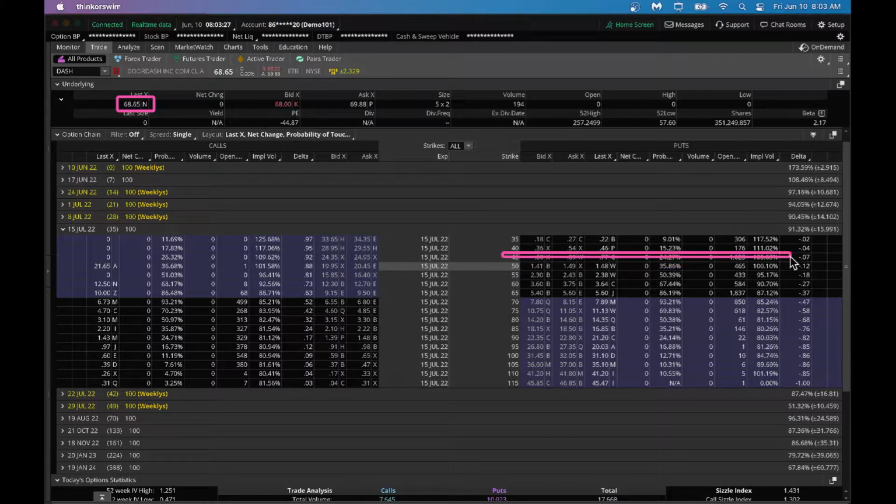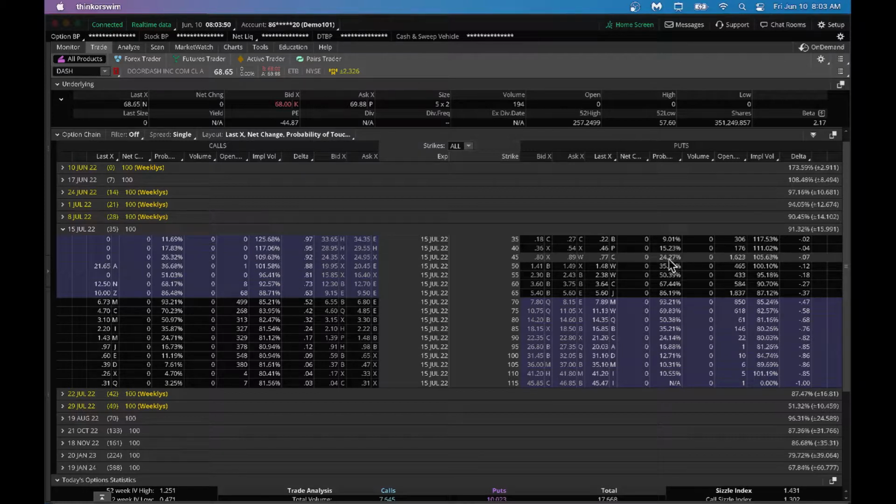I want to make some good money. I don't want to take too much risk. As you scan through here with the 45, keep watching the probability of touch here at $45. Yes, the probability of the stock reaching $45 is 24%. So I'm pretty much comfortable with that.